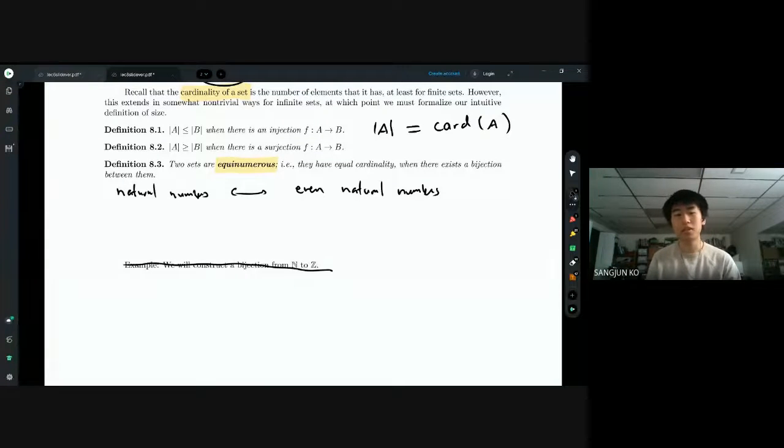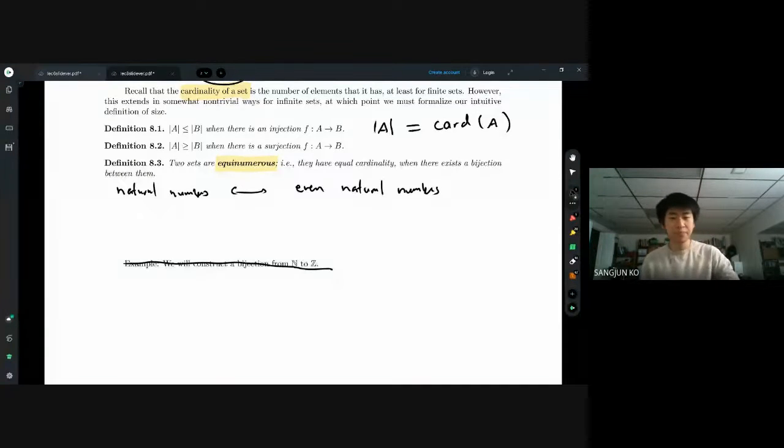Okay, so we're going to look at the simpler example. This is not the most trivial example to think about. So the natural numbers, there's a lot of them. And the even natural numbers, well, we showed that every natural number is odd or even. And furthermore, half of the natural numbers are odd and half of the natural numbers are even.